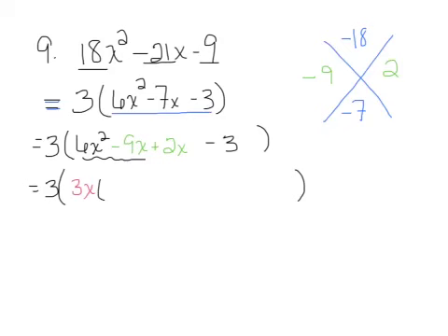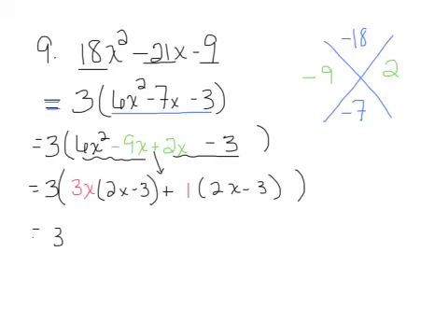And then I'll have left a 2x minus 3. And then I'm still adding right here. That addition sign still comes down, and I'm grouping the second two together. And I say the only thing that they have in common is a 1. So I'm going to be left with 2x minus 3.